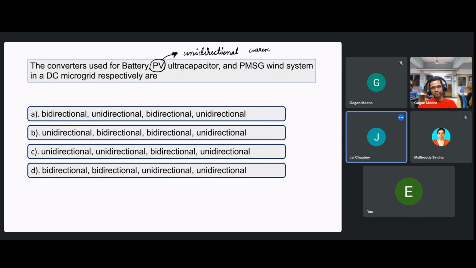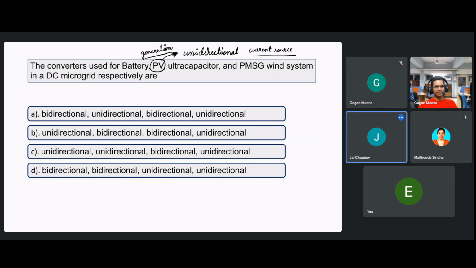Correct. It is simply a generator. It never acts as a load. It is only giving power, not consuming any. A generator works in one direction only.